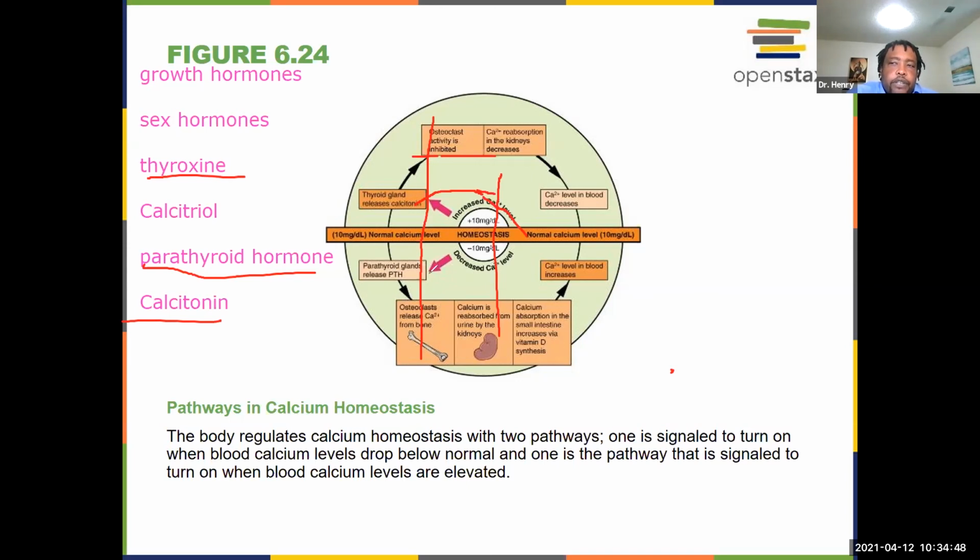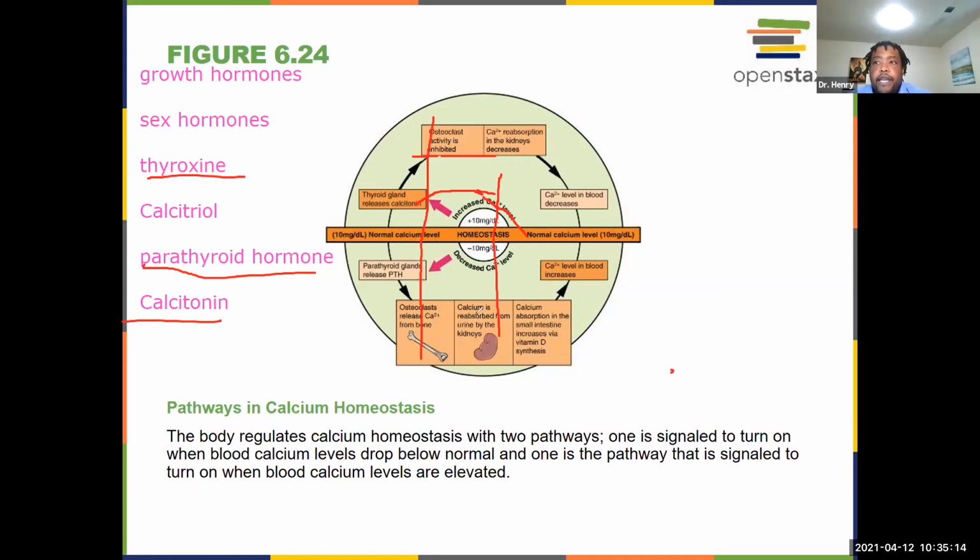If our calcium levels decrease and get too low, then we're going to be producing this guy. This guy stimulates the osteoclasts and releases calcium from the bone.